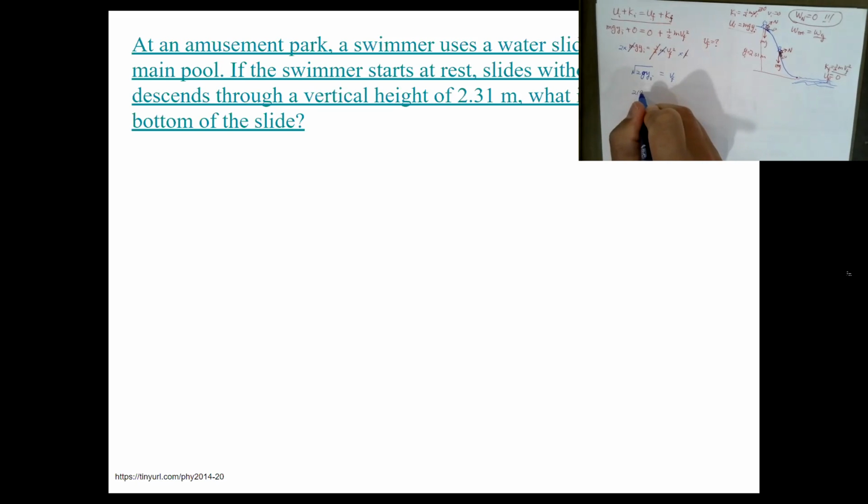So 2 times 9.8 times 2.31 meters, the square root of it, should be equal to your v final. And my calculation says this is 6.73 meters per second, my final speed at the bottom of the slide.